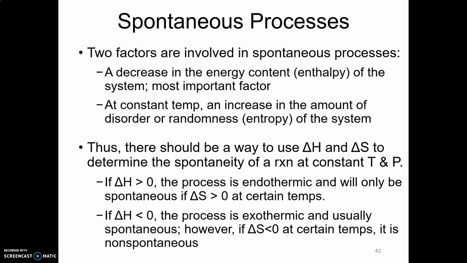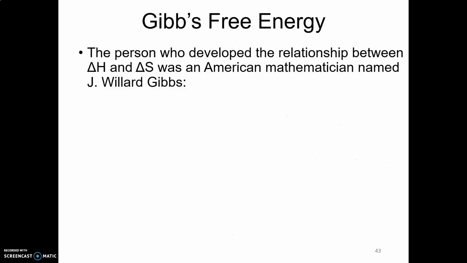We need to know delta H and delta S, and we need to be able to relate them to one another. That's the problem. So, yay America, because this does not happen very often, but we actually have an American mathematician who solved this problem. An American mathematician is the one who relates delta H, change in enthalpy, to delta S, change in entropy.